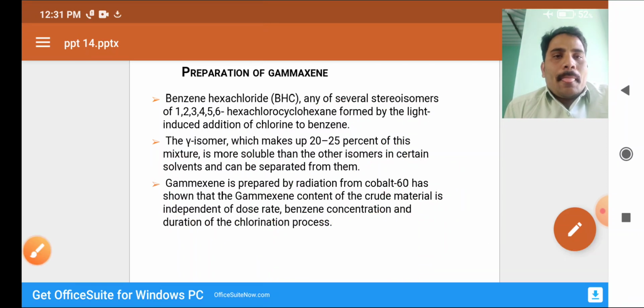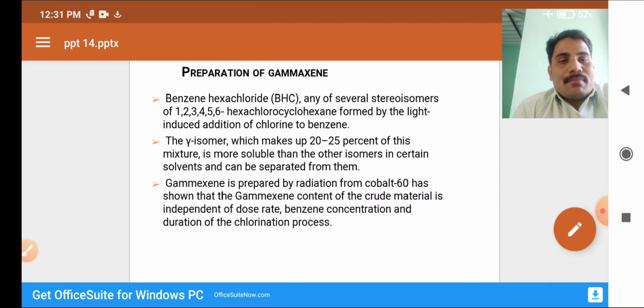The gamma isomer, which makes up 20 to 25% of this mixture, is more soluble than the other isomers in certain solvents and can be separated from them. Gamaxin is prepared by radiation from cobalt 60.